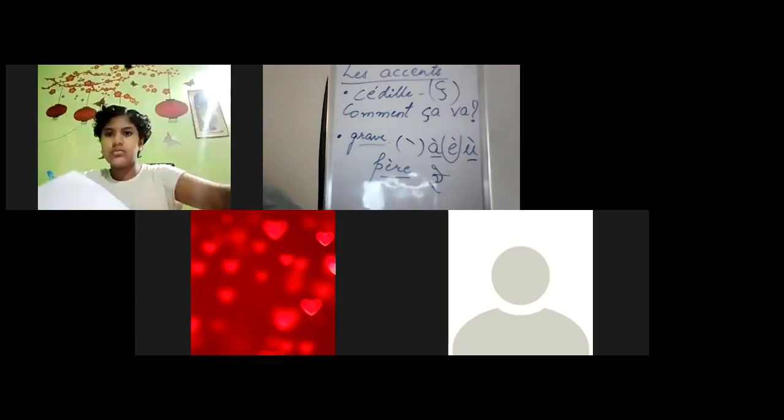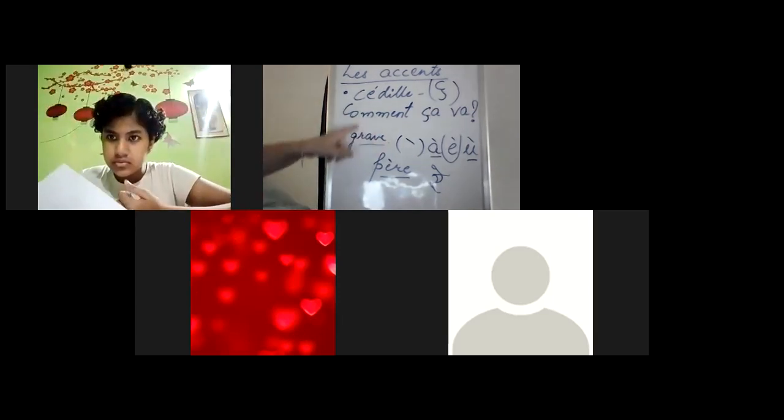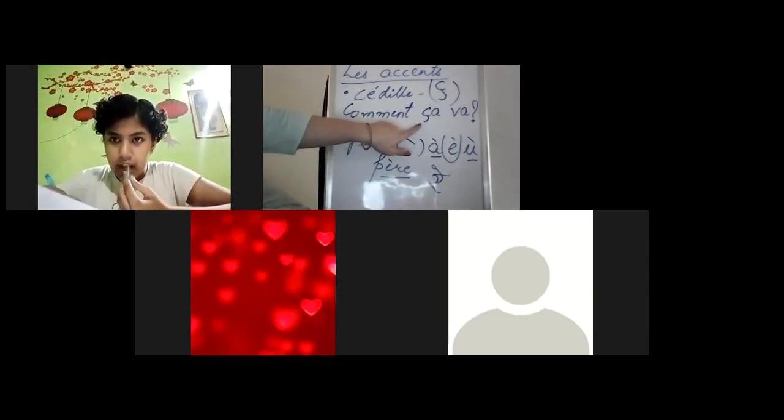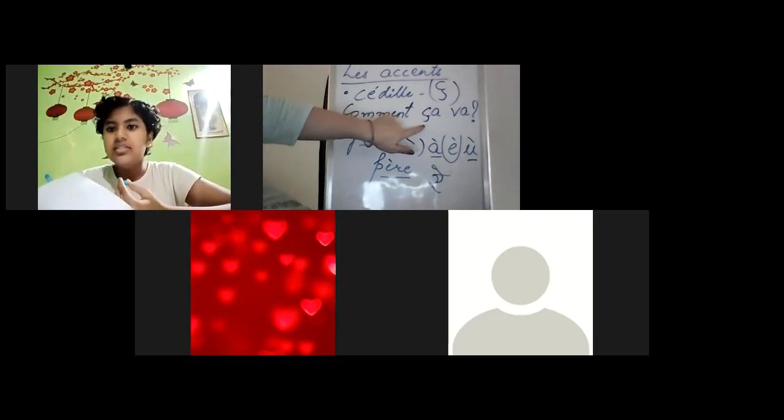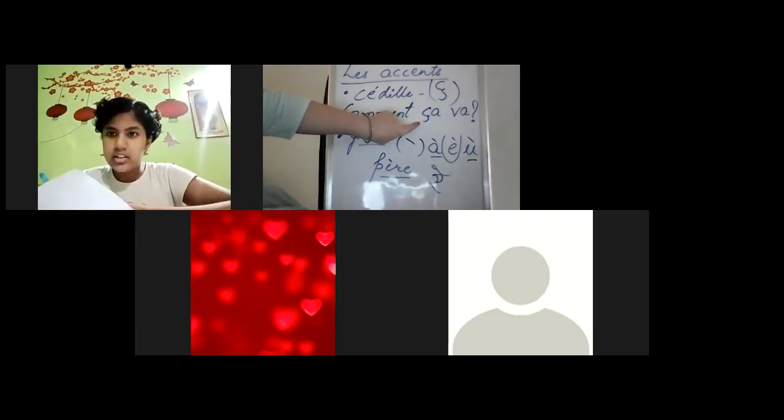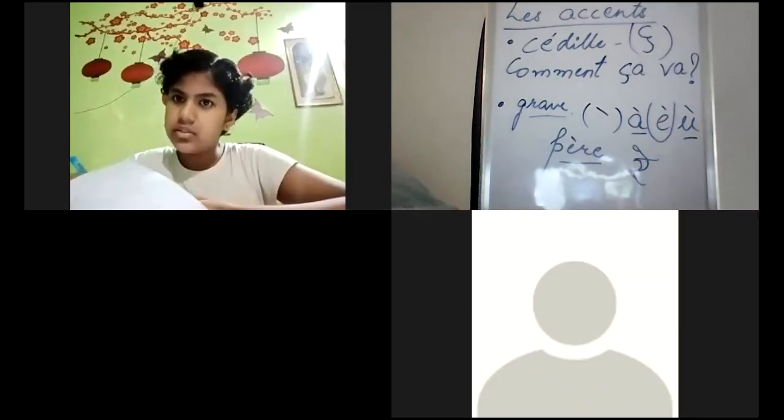You all used to make this mistake by saying kava, isn't it? You used to call it kava, and I used to say no, it's sava. Why? Because we have a cédille under it. So the role of this cédille is to give the s sound to alphabet C. Write it down.